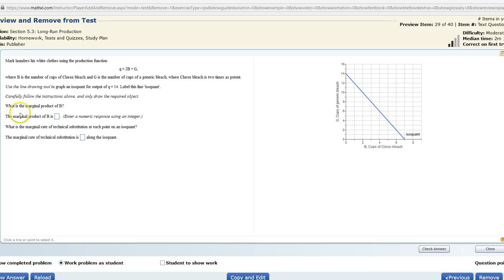And then the question is, what is the marginal product of B? The marginal product is, when we increase B by 1 unit, what's the increase of the output? That's the definition of the marginal product of B. We can see this clearly from the equation here.